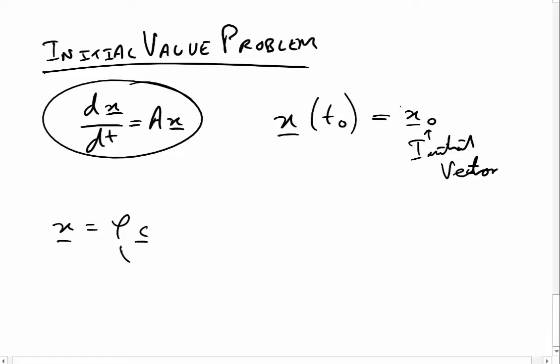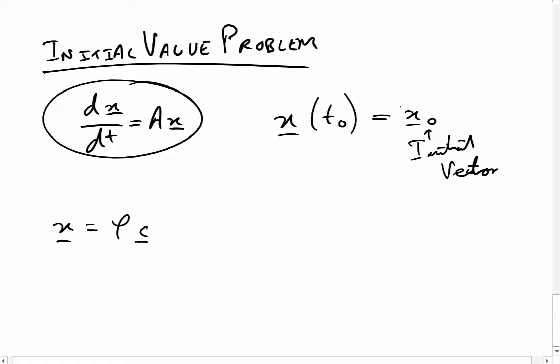I've just shown what our fundamental solutions look like: e1, u1, e to the lambda 1 t. So clearly there's a t involved in our fundamental matrix, so our fundamental matrix will depend on time as well.